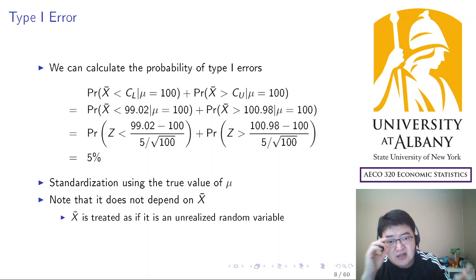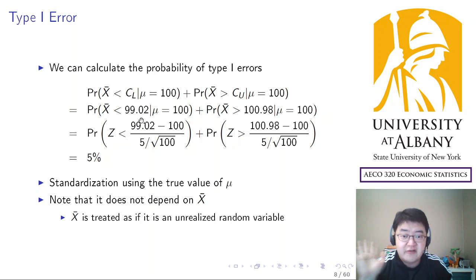You can think of it this way. Before you observe and calculate the sample mean from the data, you can predict how much type 1 error will happen. In the end, that's the significance level. In that sense, x bar is not realized yet.